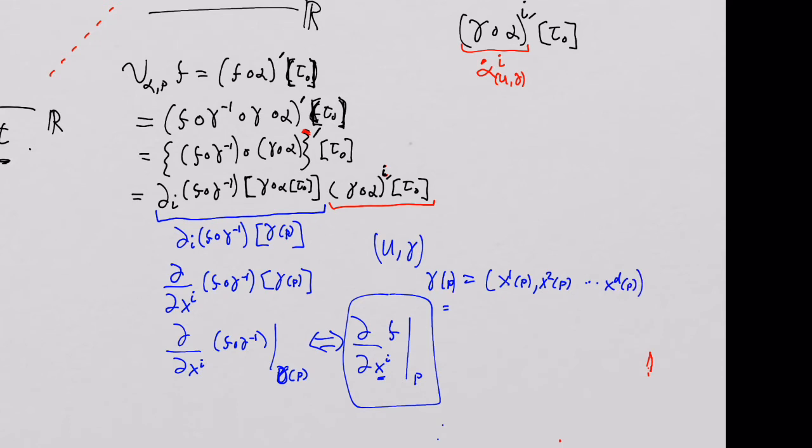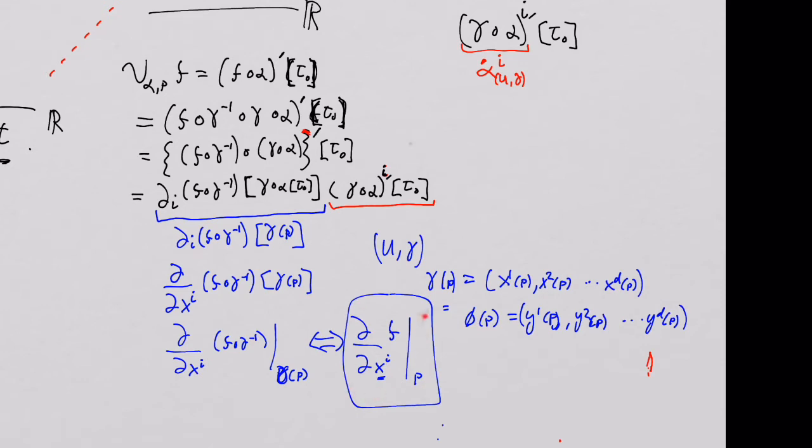So presumably some other chart, phi of p, would have to be something like y1 of p, y2 of p, dot, dot, dot, yd of p. And because of that, the y's would be associated with the chart phi, the x's would be associated with the chart gamma. So here I see the x's, and I say it's associated with the chart gamma through this definition.